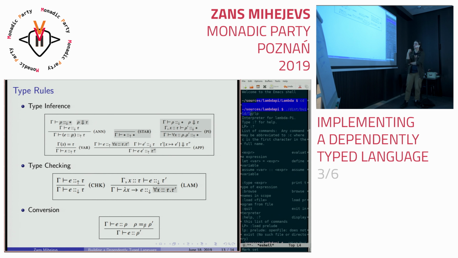So the idea was to be able to encode predicates about mathematical statements. And then as programmers, what we want to do is we want to use those predicates to enforce certain invariants about the program.